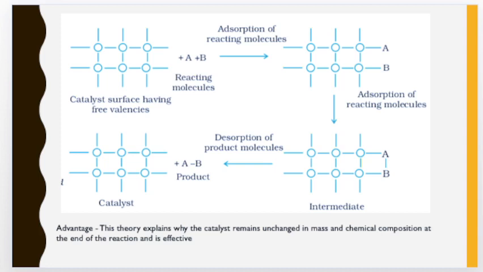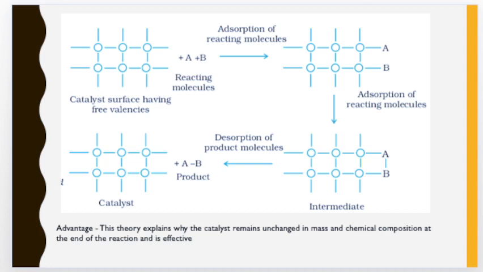So the first step is catalytic surface having free valencies, and the reactant molecules are A and B. The first step involves the adsorption of reactant molecules on the catalytic surface, where weak bonds will be forming between the reactant molecules and the surface of catalyst.